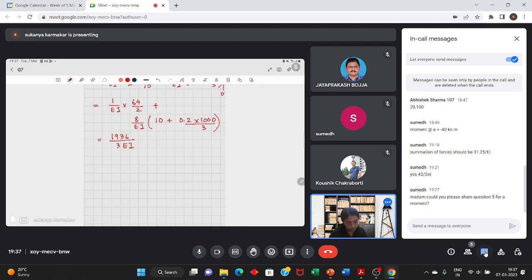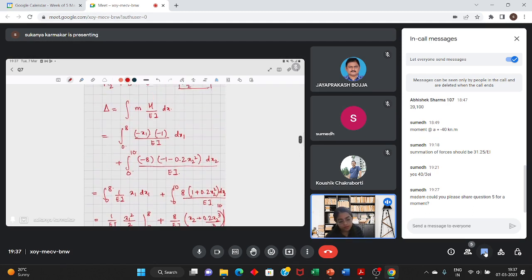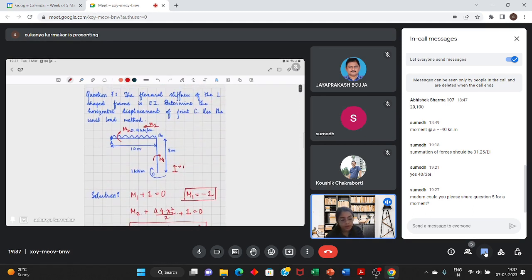So this is the deflection. And it turns out to be positive. It means that actually the frame is moving in this direction.